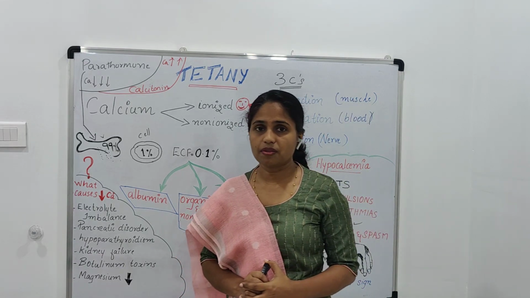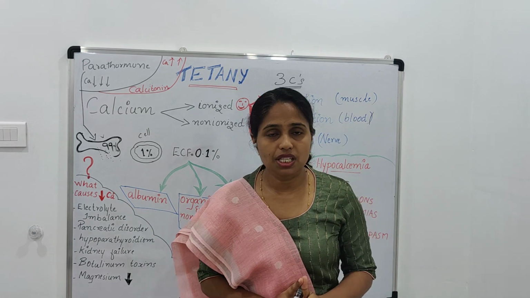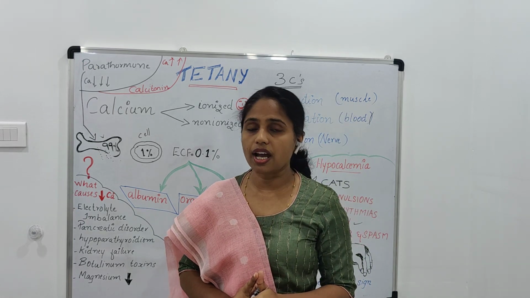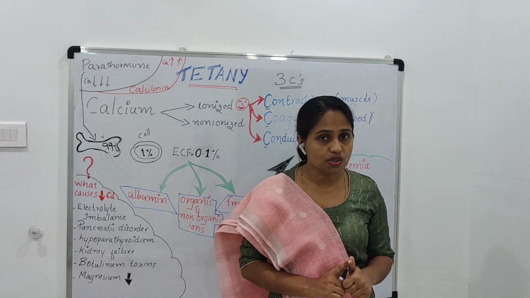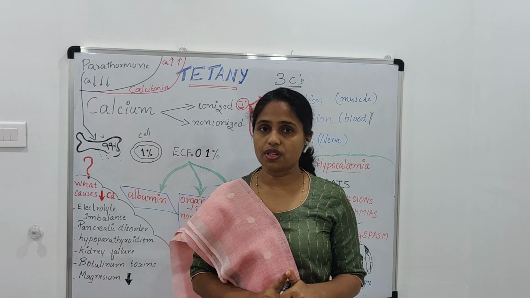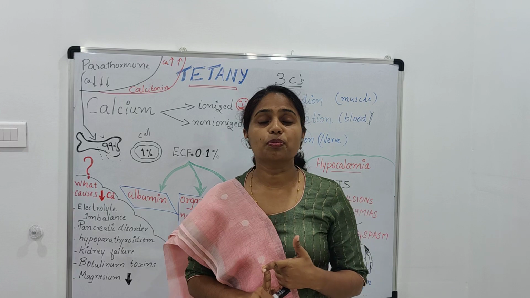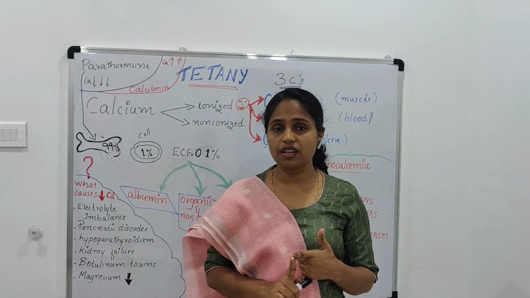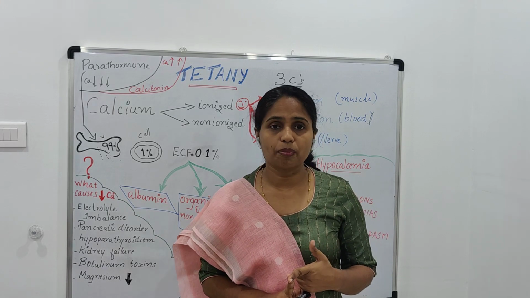These are the causes. So how do we manage? The number one management is to identify the cause and treat. So initially you need to identify the causes, then treat the underlying causes. And number two, you have to prevent complications like respiratory complications and cardiac complications.